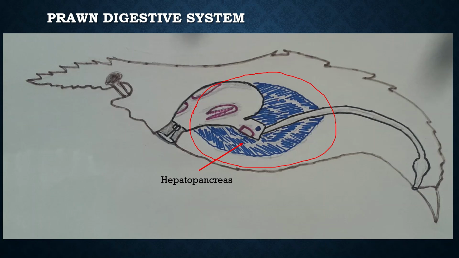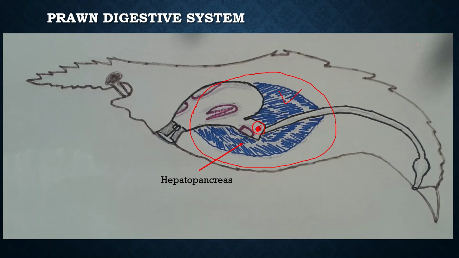The material produced in this hepatopancreas contains enzymes, and those enzymes come into the pyloric stomach, where there is an opening. So the enzymes produced in the hepatopancreas come to the pyloric stomach with the help of the hepatopancreatic duct. The hepatopancreas has digestive enzymes, and with the help of those enzymes the digestion of carbohydrates, proteins and fats takes place.